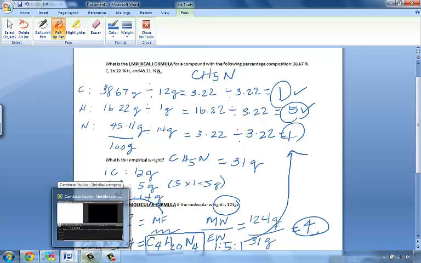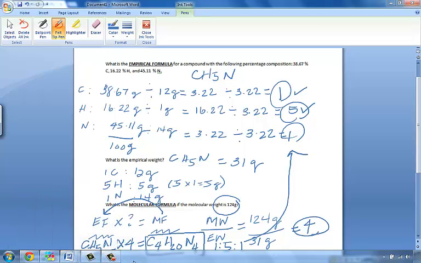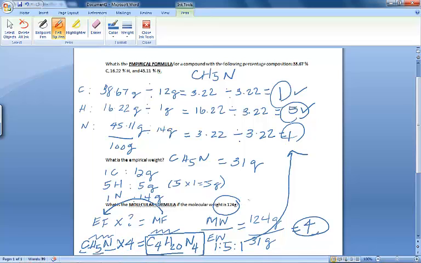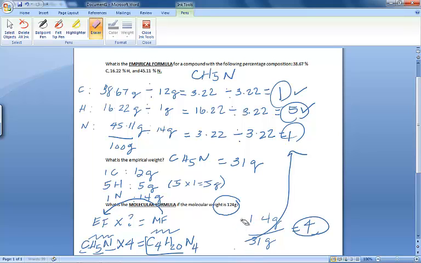And if you wanted to go even further and double check yourself, a nice easy way is to take this molecular formula that you've just determined and calculate the molecular weight, and see if you get this 124 that was given to you initially. If you've calculated the ratio of 4 correctly, then you would have found the correct molecular weight.